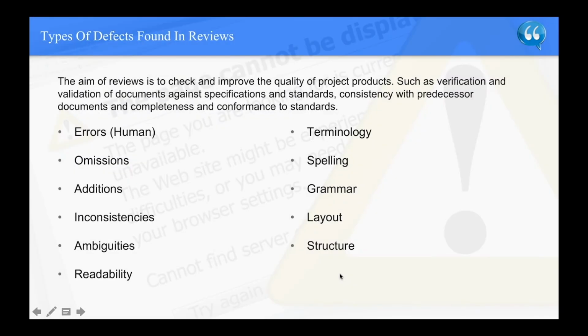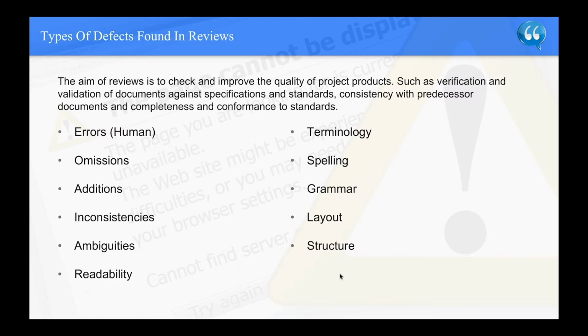Types of defects found in reviews. The aim of reviews is to check and improve the quality of project products, such as verification and validation of documents against the specifications and standards, consistency with predecessor documents, and completeness and conformance to standards.